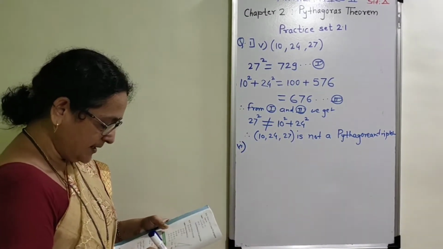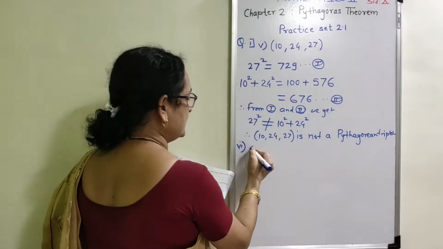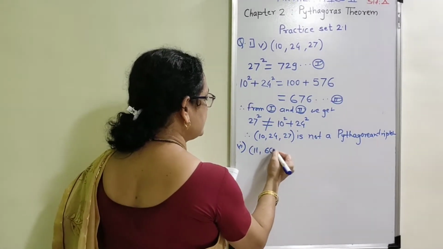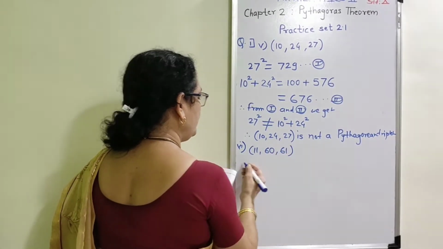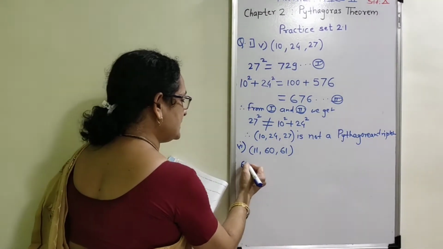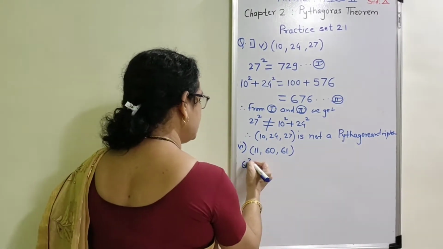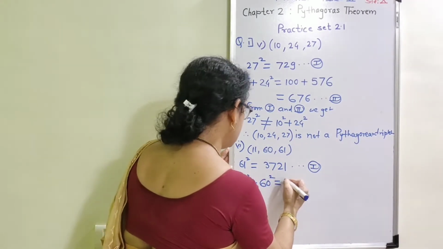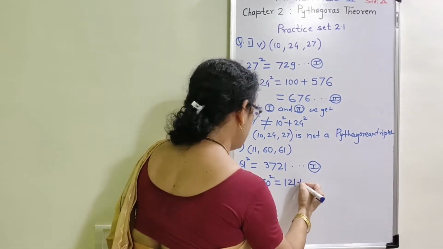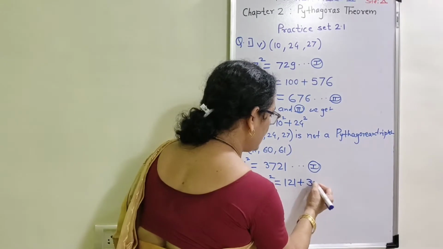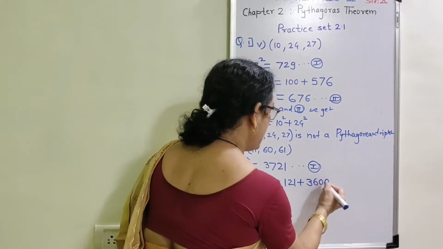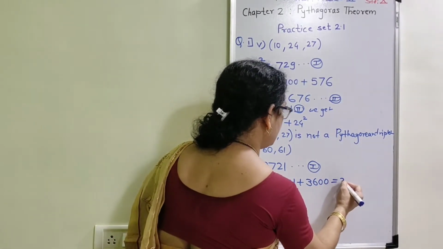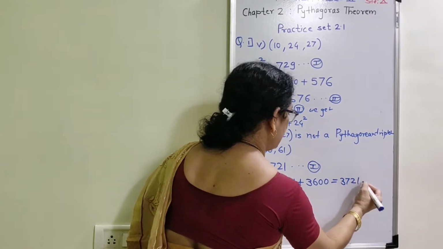In the last example they have given numbers 11, 60 and 61. Now here the largest number is 61. We know that 61 square is 3721. Now 11 square plus 60 square: 11 square is equal to 121, plus 60 square is equal to 3600, and the addition is equal to 3721.